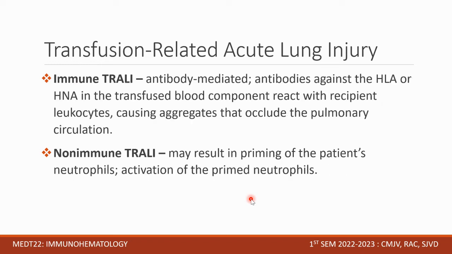So there can be two causes or pathophysiology of TRALI. So we have immune TRALI. This is antibody mediated. So antibodies against the HLA or HNA in the transfused blood component react with recipient leukocytes, causing aggregates that occlude the pulmonary circulation.